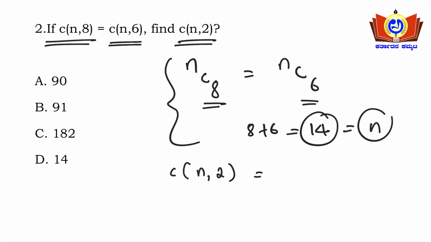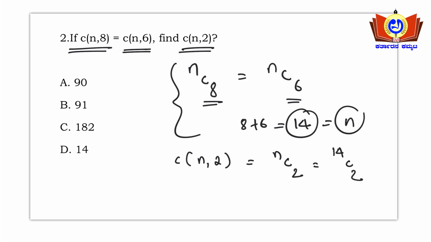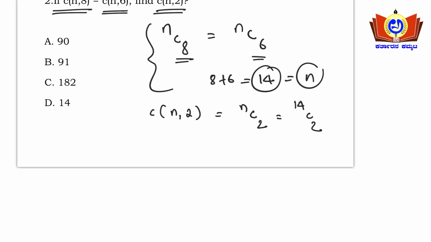This can be written as nC2. So the n value we got here, 14C2. 14C2 is nothing but this 14 should be reduced 2 times. 14 into 13 divided by 2 into 1.